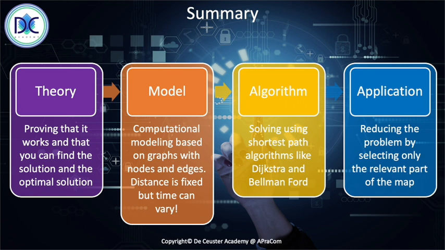We have an algorithm where we are in fact solving shortest path questions. There are different algorithms that we use, and we can also improve the performance of the algorithm when we add some heuristics. The final part is the application, where we reduce the problem by selecting only the relevant part of the map.